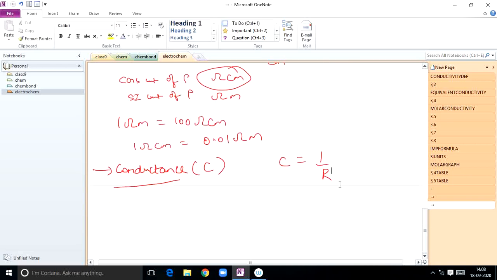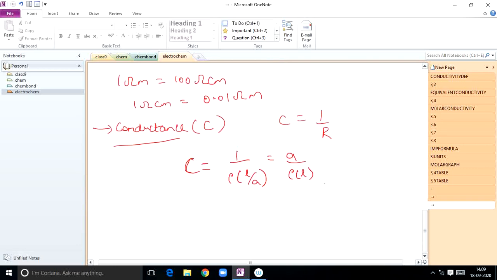So in place of R, you can again substitute, C is equal to 1 by rho into L by A. So that is equal to A by rho into L. So what are the units? Reciprocal of resistance means ohm inverse, or you can call it mho.